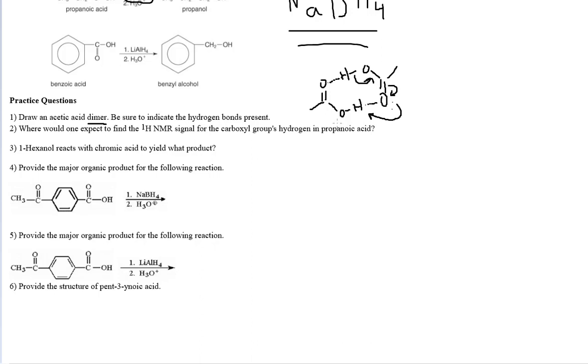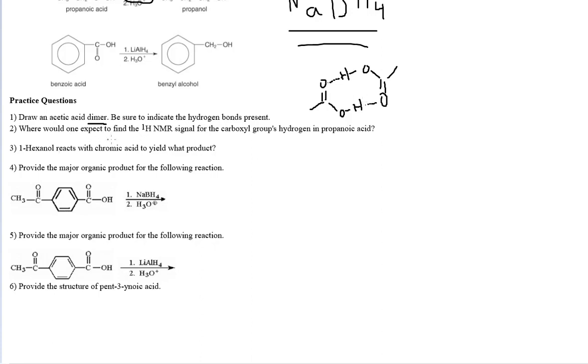So these hydrogens can flip back and forth between which acetic acid they are bound to. But none of that is necessarily important in your case. What you need to know is that hydrogen bonding does occur, which is why carboxylic acids have high boiling points.